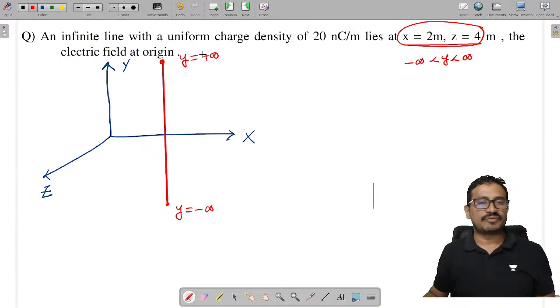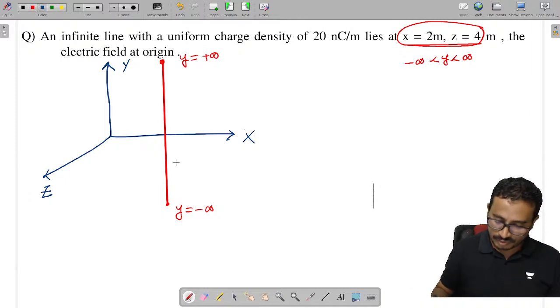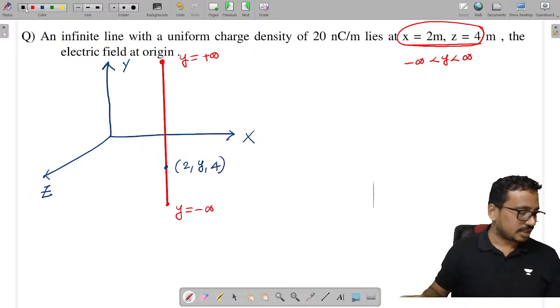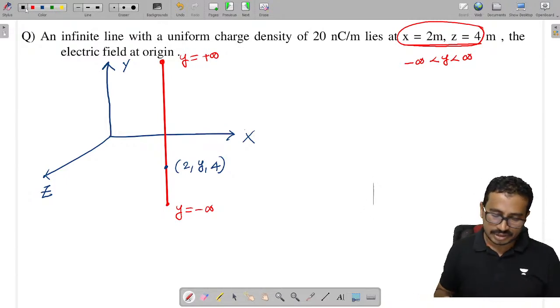So if you take any point here, x value is 2, y value is something, but z value must be 4 only. This line is parallel to the y axis.